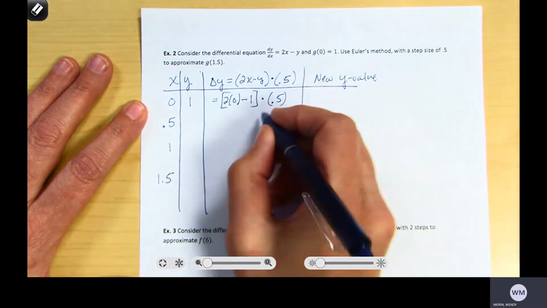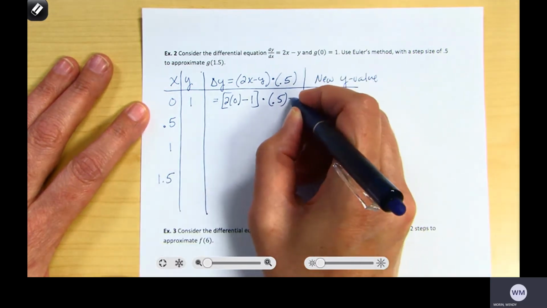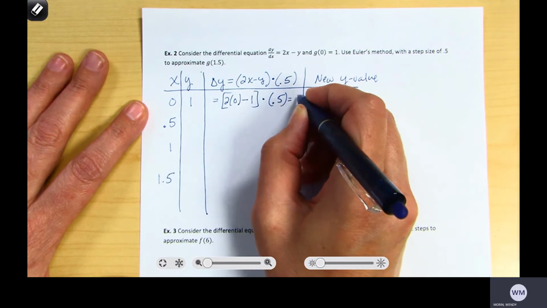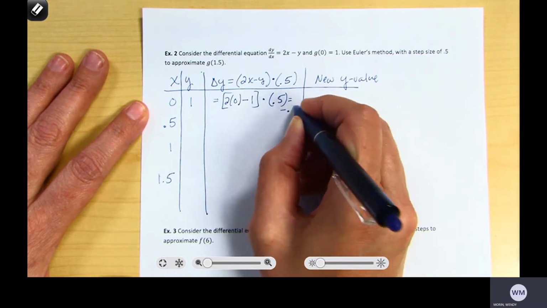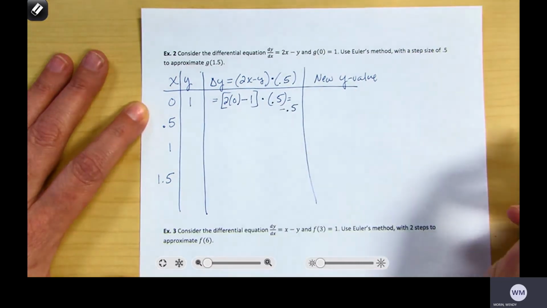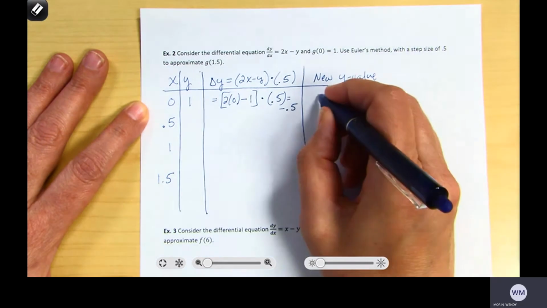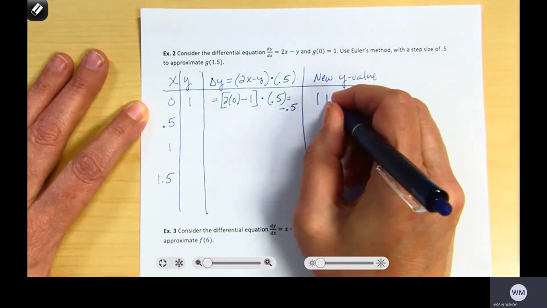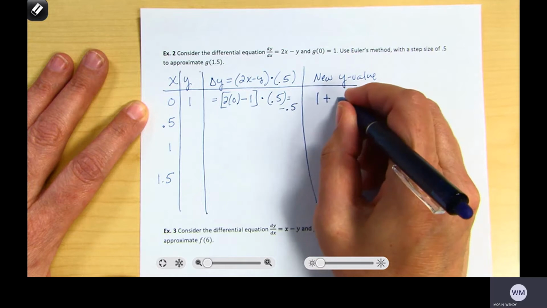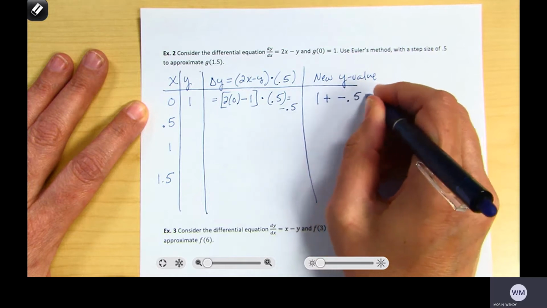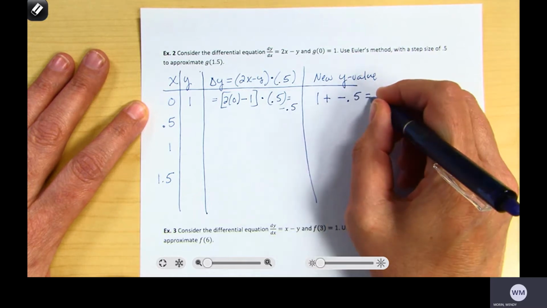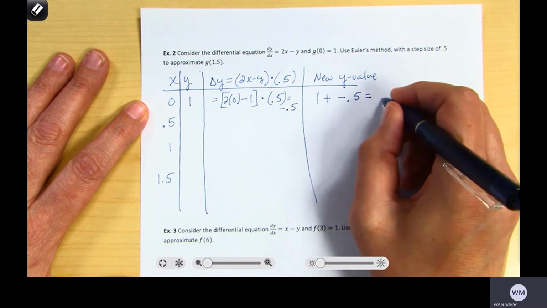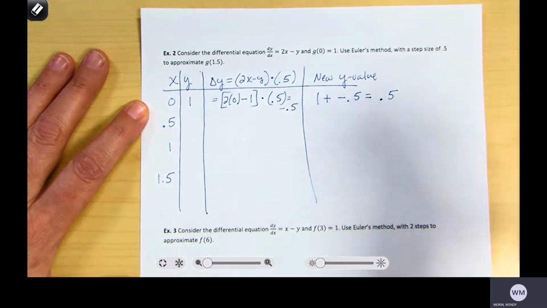So our change in y is what? Negative half or negative 0.5. Okay. So you started at 1 and you are changing by a negative 0.5. So your new y value is 0.5 or a half.